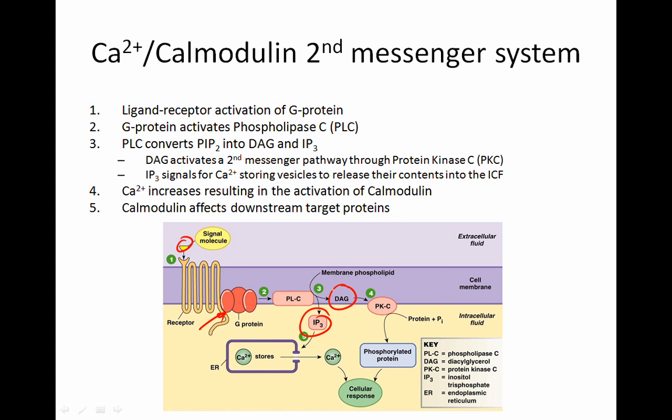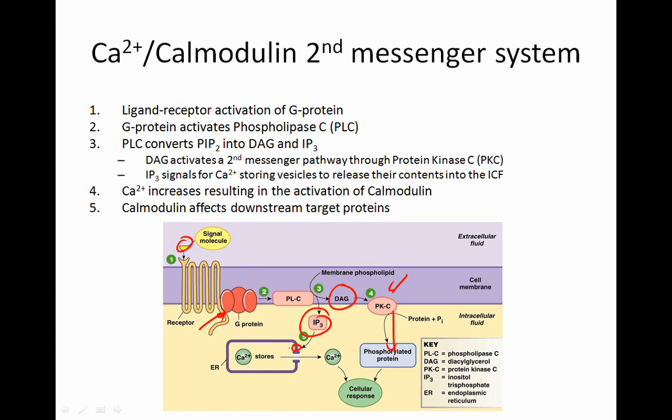Diacylglycerol is a second messenger, and it activates an effector called protein kinase C. Protein kinase C then phosphorylates a whole bunch of proteins like protein kinase A did, so you get a change in the activity of the cell. IP3, on the other hand, binds to a receptor on the endoplasmic reticulum, resulting in the opening of a channel.